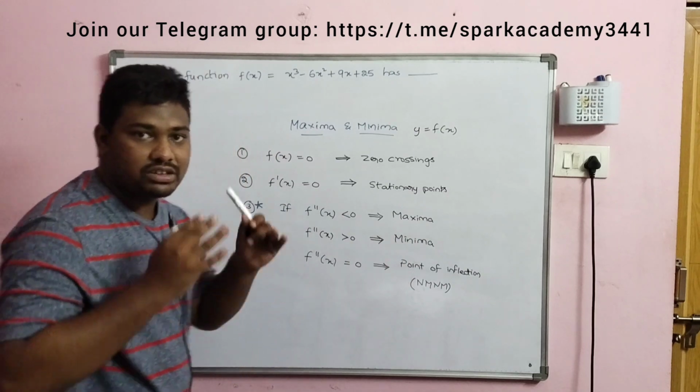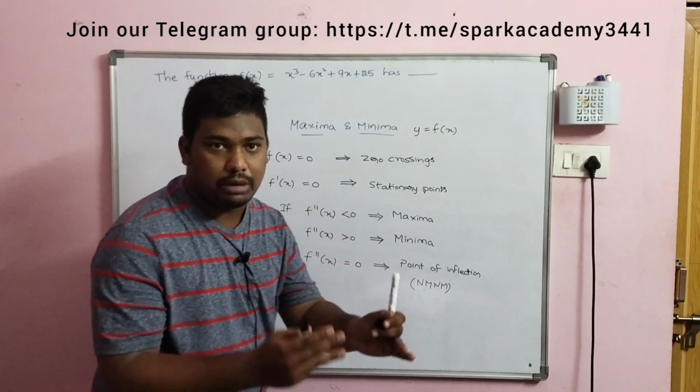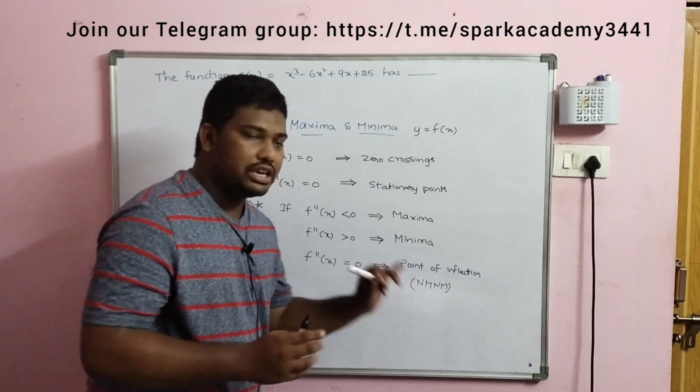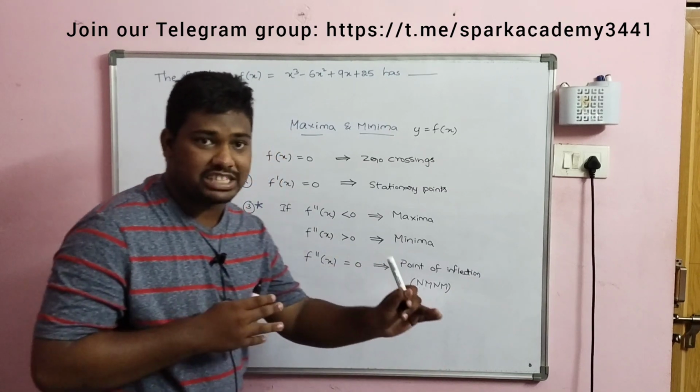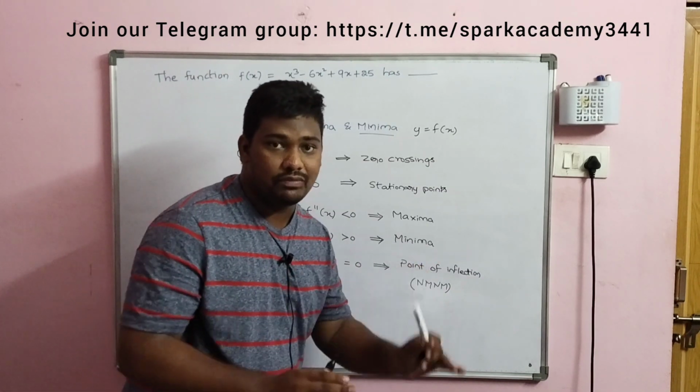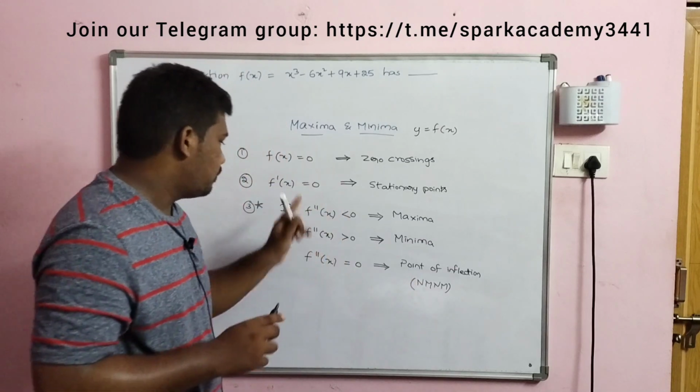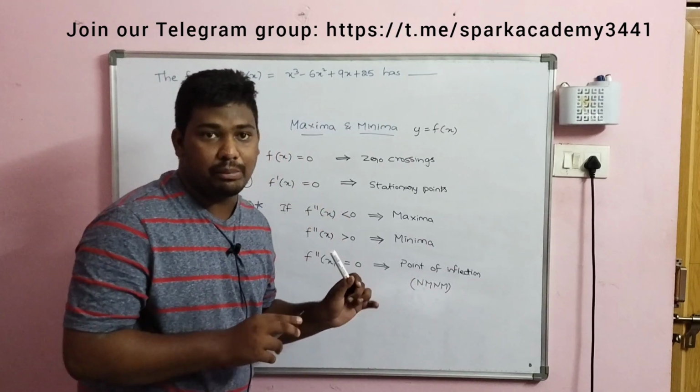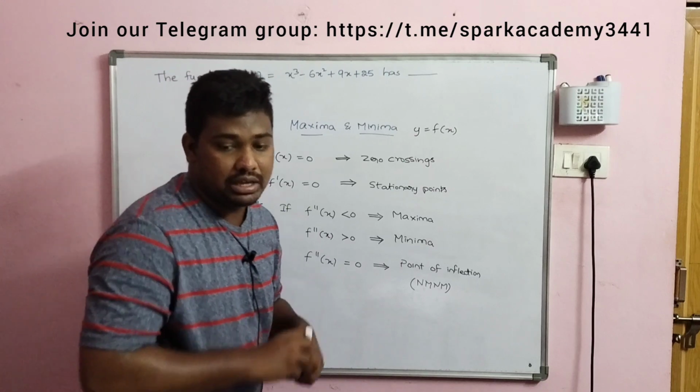If f double dash of x greater than 0, it is called minima. If f double dash of x equal to 0, then it is neither maxima nor minima, or a point of inflection, right? These are the three important points to be remembered for solving maxima and minima, right?